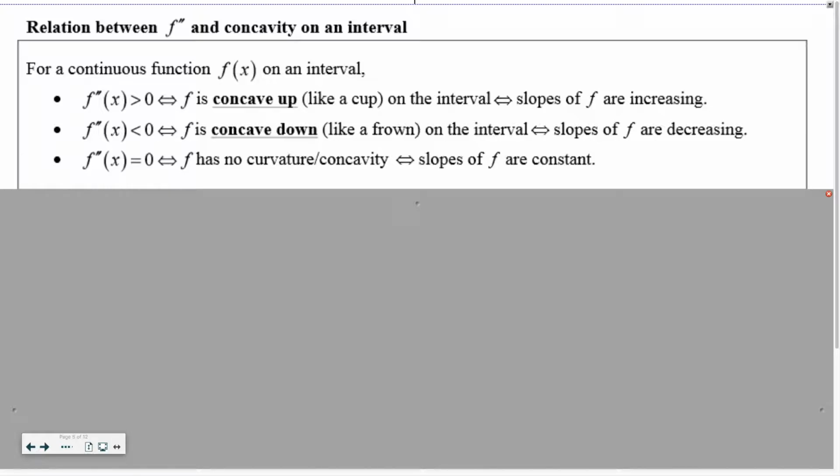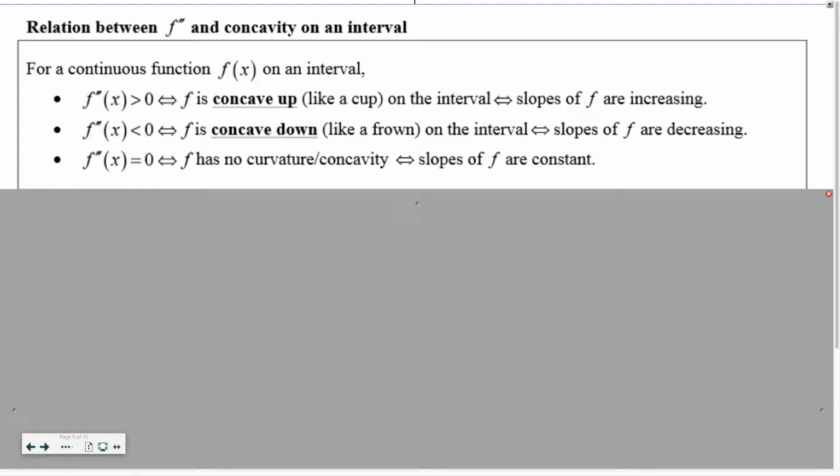It's also possible for your second derivative to be undefined. We'll talk about both of those cases because I bet, just like the first derivative, they could tell us something.